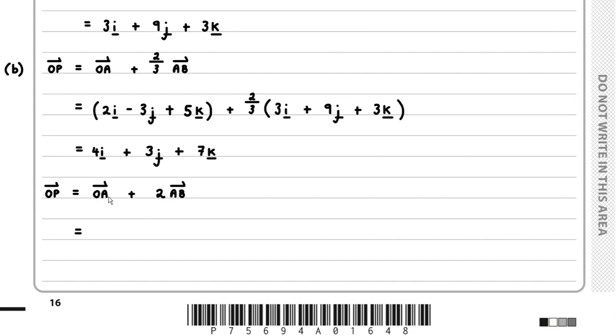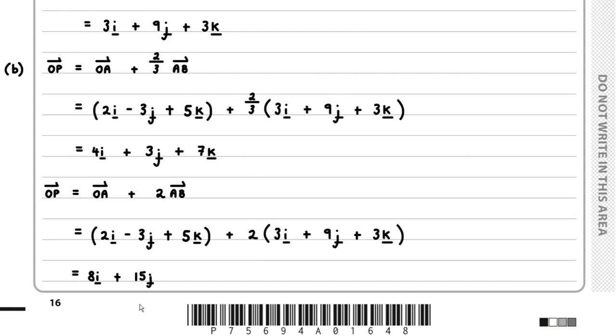Now we know what OA is. That's 2i subtract 3j plus 5k. And we add on to this twice the vector AB, which we worked out to be 3i plus 9j plus 3k. So 2i plus 2 lots of 3i, that's 8i, negative 3j plus twice 9j, that's 15j, 5k plus twice 3k, that's 11k. So OP could also equal 8i plus 15j plus 11k.